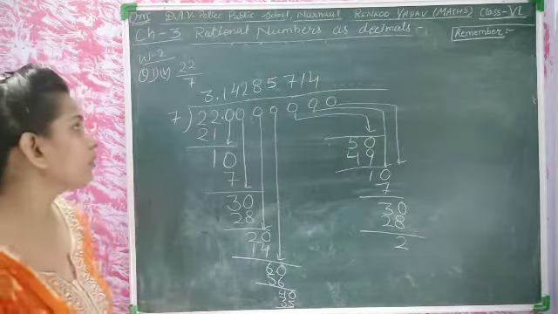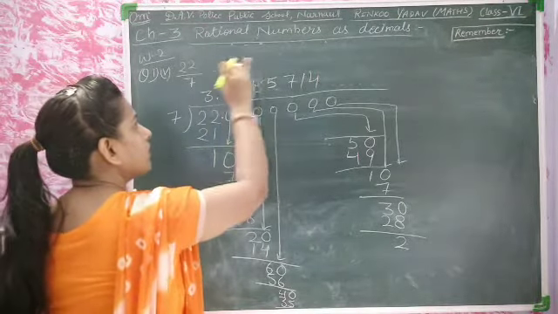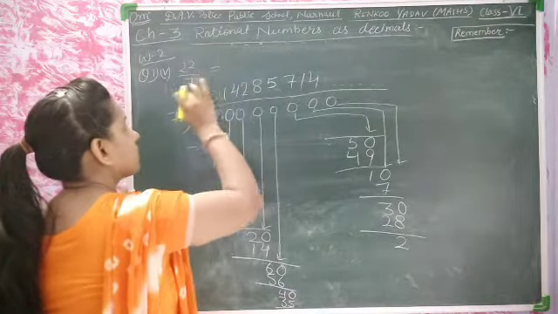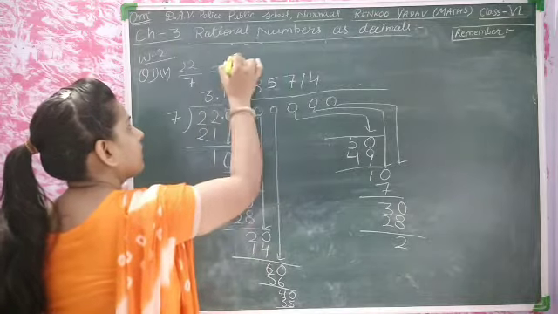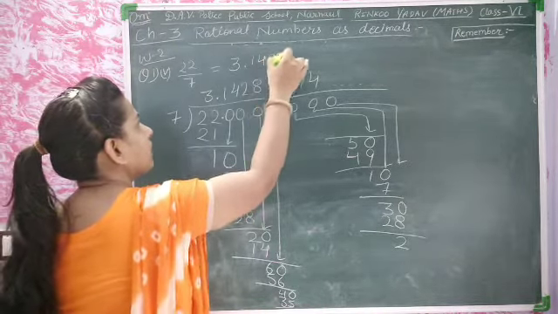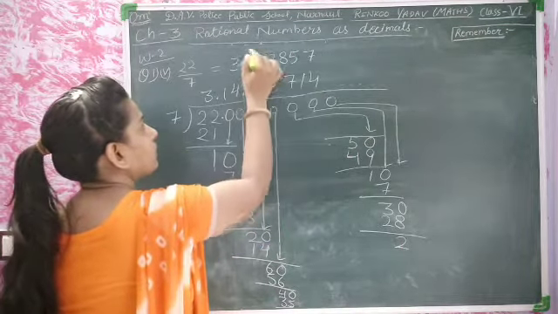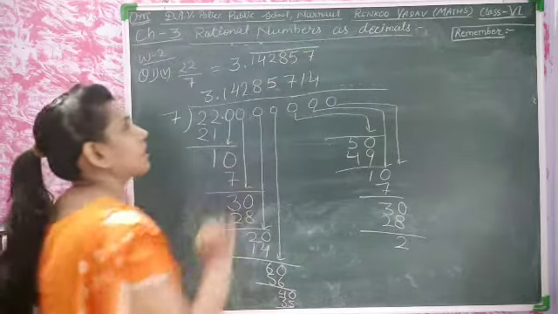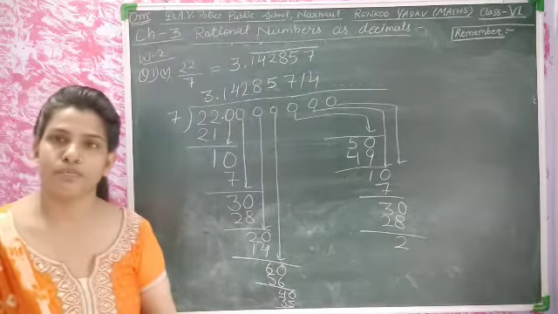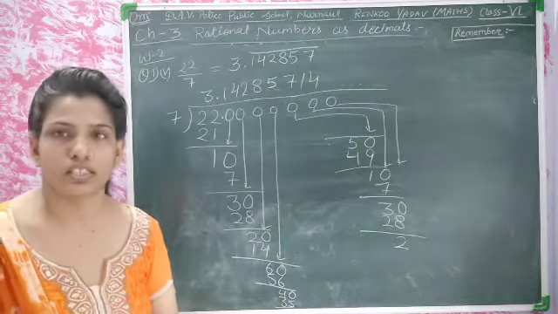We will not do anything else here. Here we only have to place the decimal number of this rational number: 3.142857. After this, 1 4 is repeating again. It means this is repeating again and again. Is this clear, students? Its decimal representation is this.